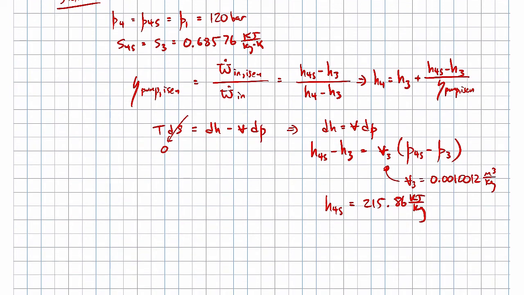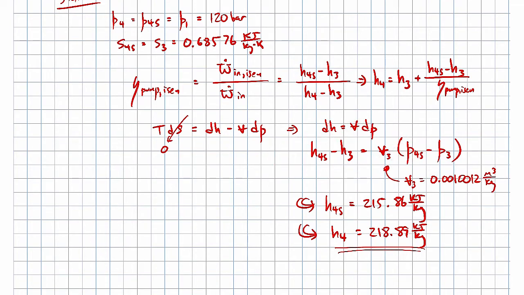And then from that, we can now get our H4 from our expression up here involving isentropic efficiency for the pump. So that comes out to be 218.89 kilojoules per kilogram. All right, so this is one way to find the conditions at state 4s.